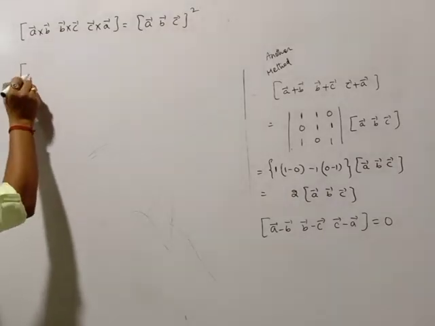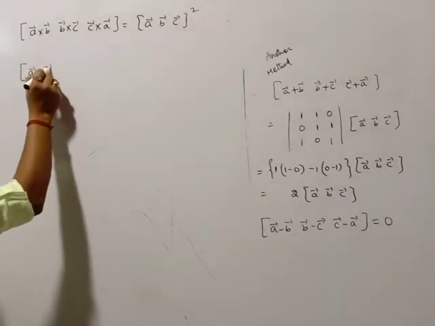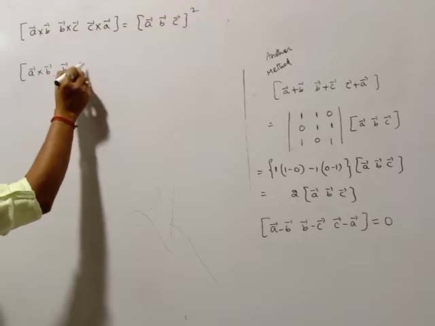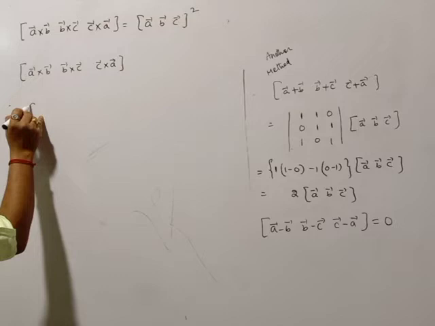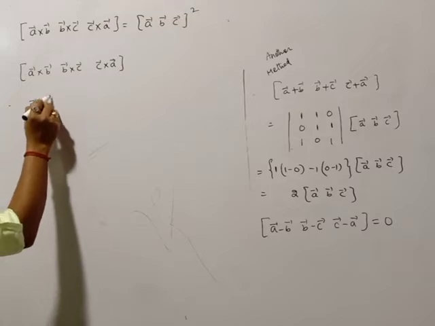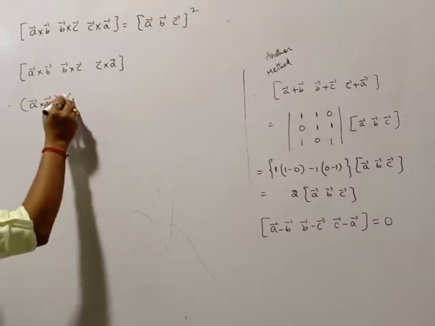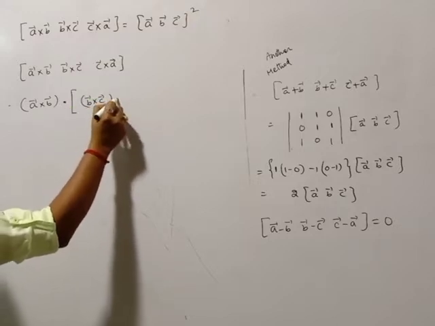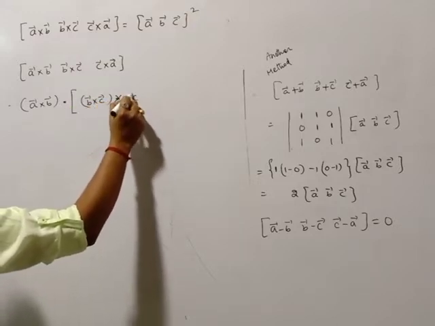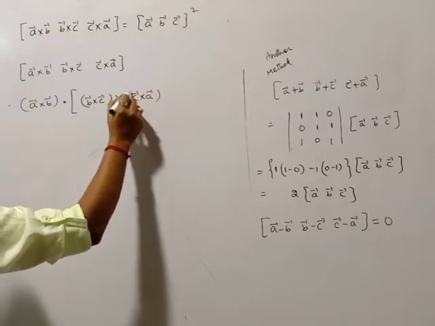Solution, a very important concept: a bar cross b bar, cross c bar cross a bar, is equal to a bar cross b bar dot bracket open b bar cross c bar cross c bar cross a bar.